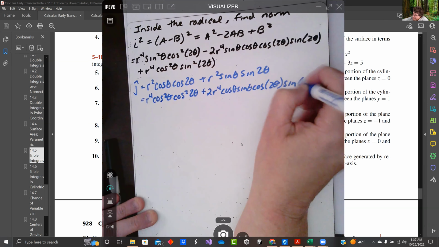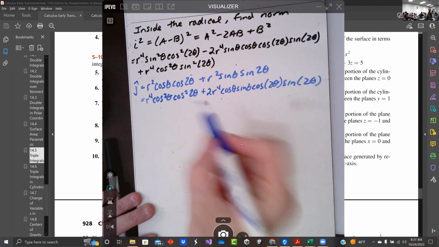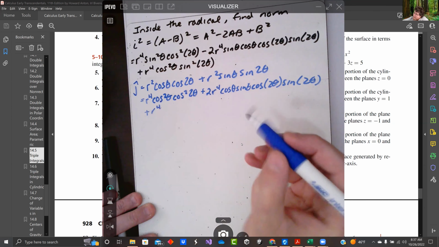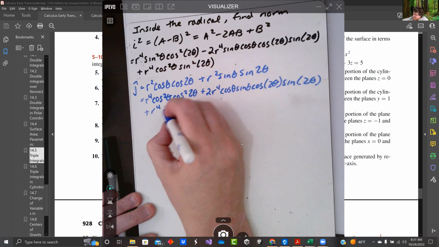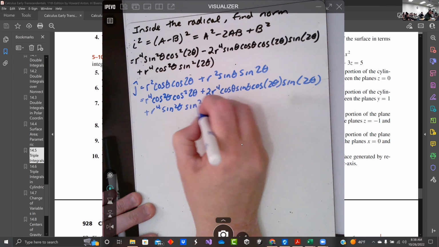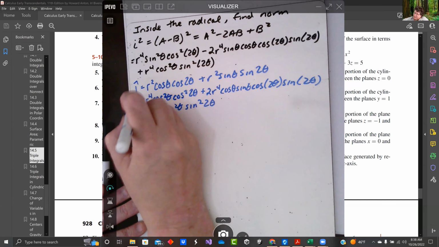That's good. That's going to cancel out the I component. And then plus R to the 4th, sine squared theta, sine squared 2 theta. So this is J squared.